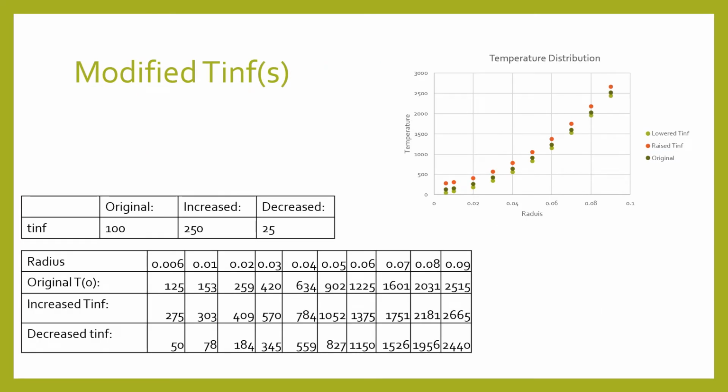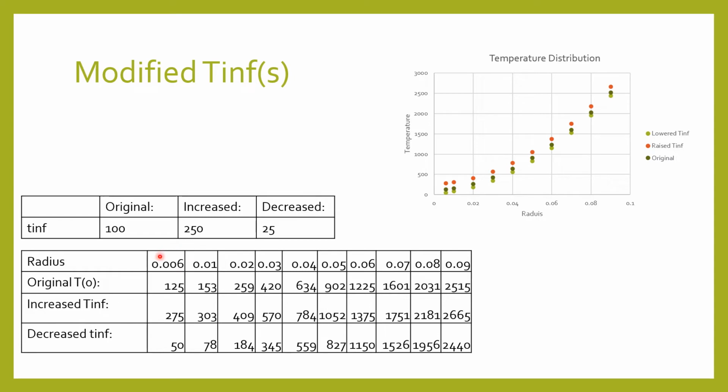Now we want to modify our T infinity. As you can see on the right hand side in the graph here, we lowered it, raised it, and we showed the original. So the raised is the red dots, the lowered is the light green. And you can see the parameters that we used. So T infinity, which is the surroundings, at 100 degrees Celsius, we increased it to 250 degrees Celsius and decreased to 25 degrees Celsius.